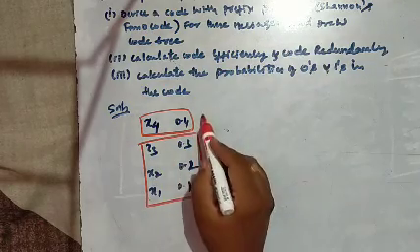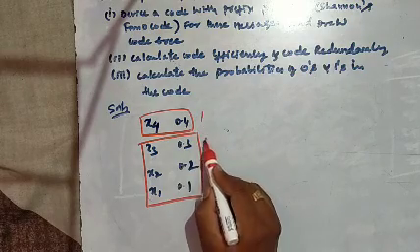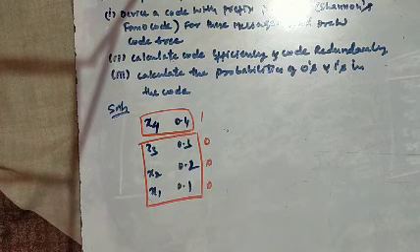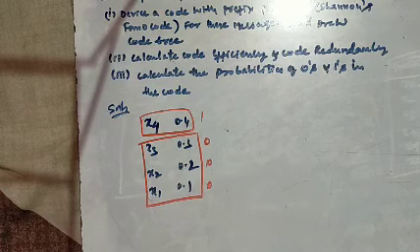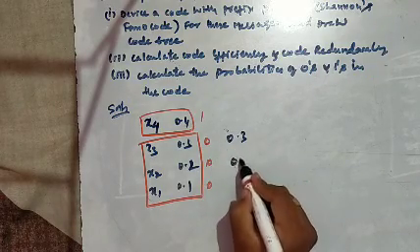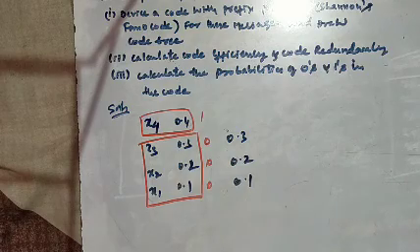And I will give the code: for the upper block the code bit 1 and for the remaining the bit 0. The upper block cannot be split further. So we go for the lower block, 0.3, 0.2, 0.1.